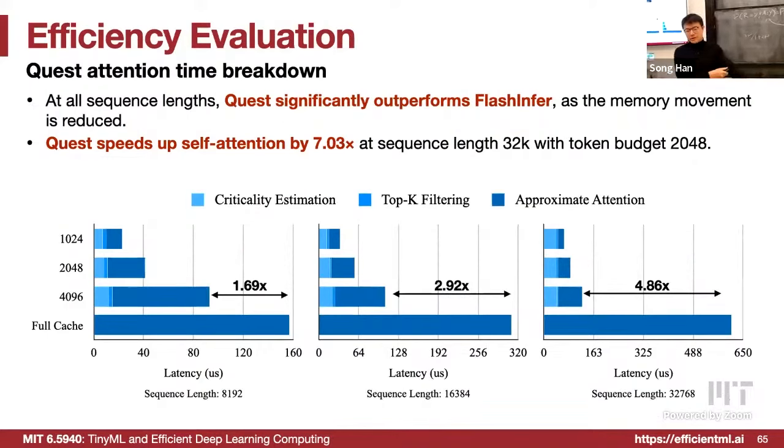What about the efficiency? We don't save the memory, but we save the data movement. If the KV page is not promising, we don't load it from the GPU memory. So it can accelerate, since data movement is expensive, both energy-wise and latency-wise.